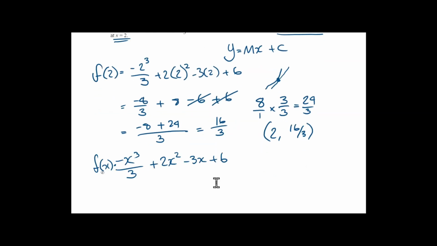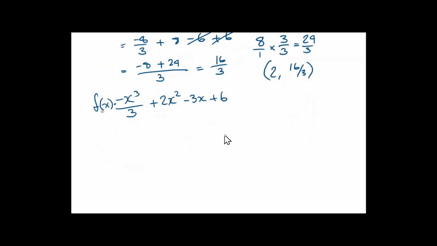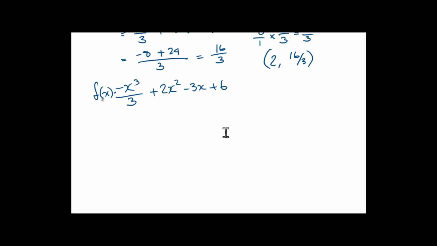All right, so what I've done is I've copied the original function down here, so we can use it as a base. So I'm going to differentiate this. So f prime of x is going to be 3 times negative x over 3, which is 3 over 3. So it's going to be negative x squared plus 4x minus 3.